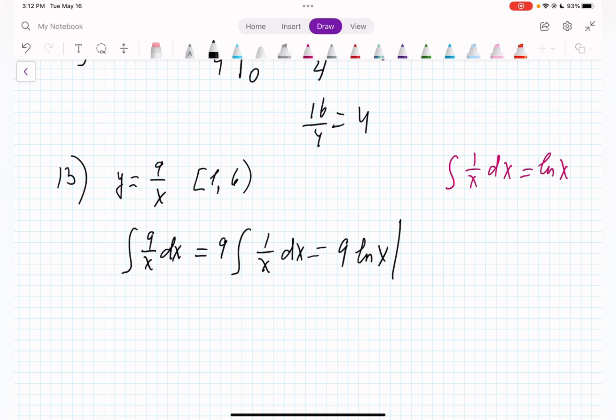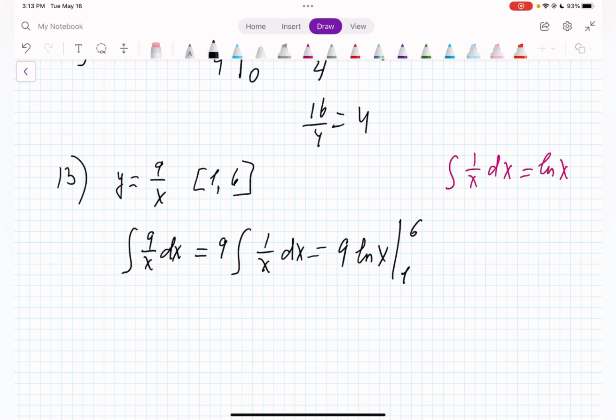Oops, I'm sorry, this is a square bracket. Parenthesis would mean it's not included, so it's going to be here 1, 2, 6. So evidently we need the calculator for natural log, right?